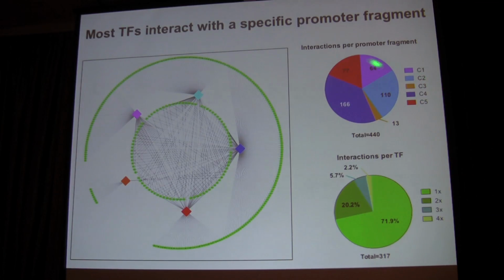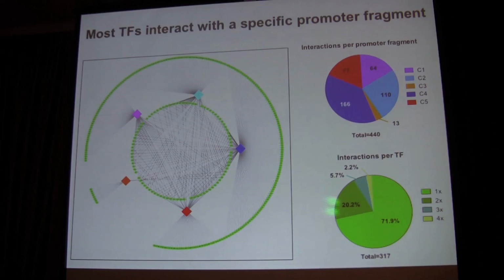So in the reporter strain that carries this promoter fragment, we have a very high level of beta-galactosidase activity or luciferase activity, even in the absence of a transcription factor. So that's why it's difficult to differentiate a positive interactor in a strain that already has a very high background.